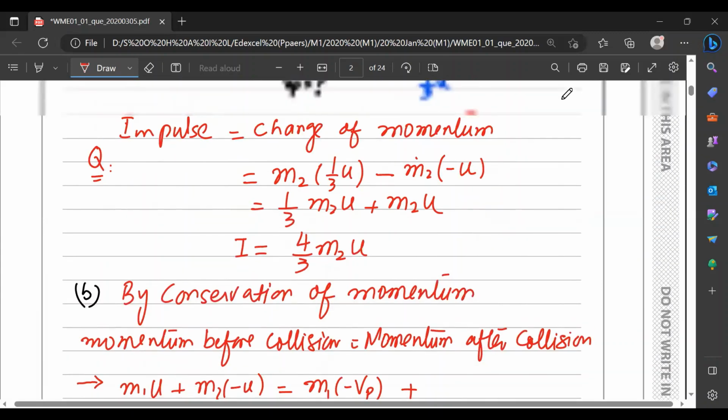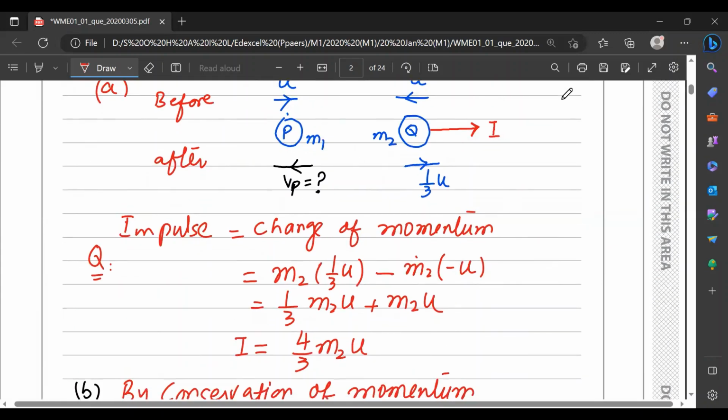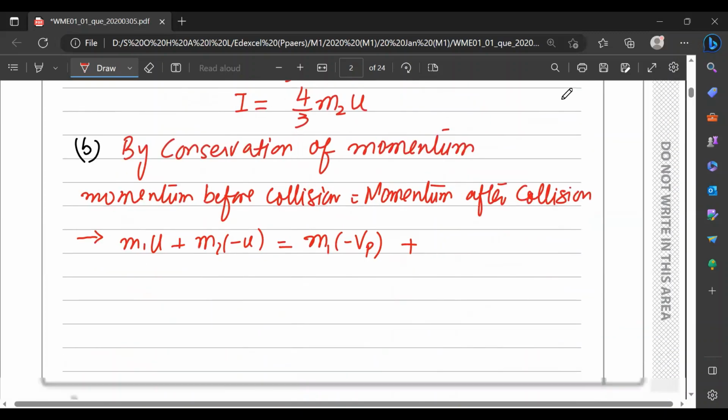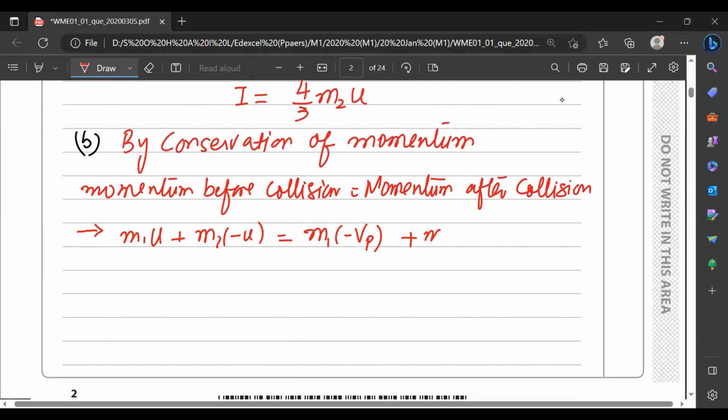So this is minus Vp, and 1/3 u is towards the right, so m2 into 1/3 u.